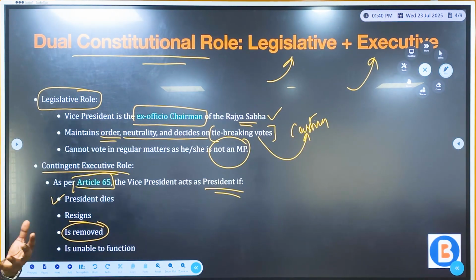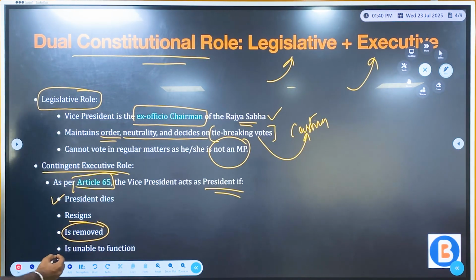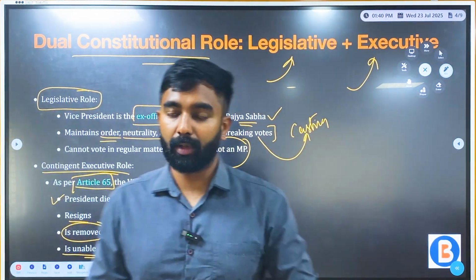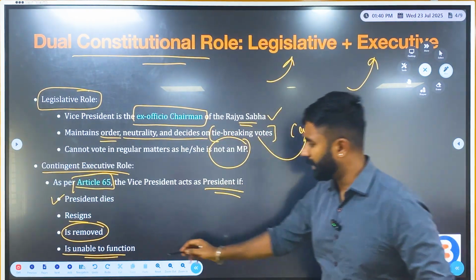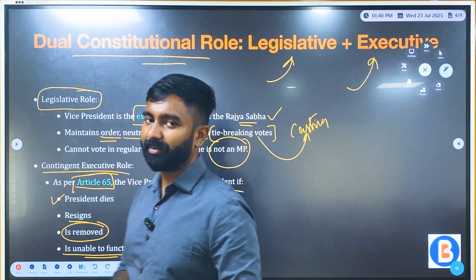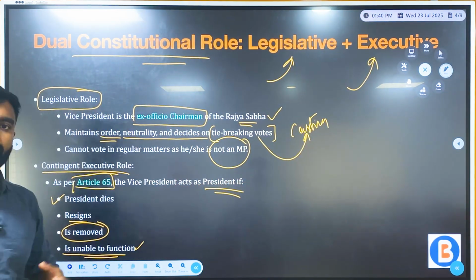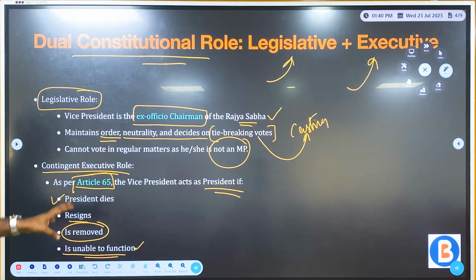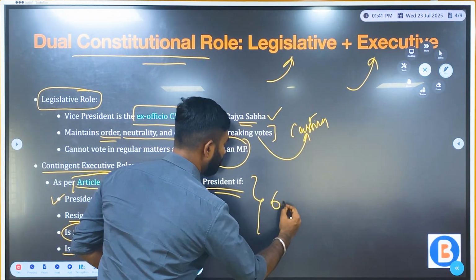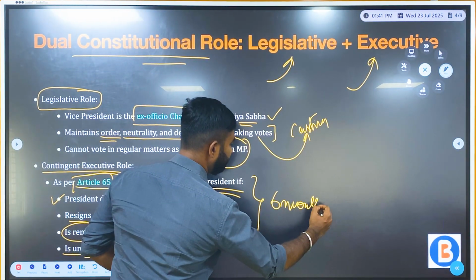And at the end, if the President is not able to get his work done for any reason, such as a health issue. Even that way, if the President's office becomes vacant, the Vice President becomes the acting President, but only for a maximum of 6 months.